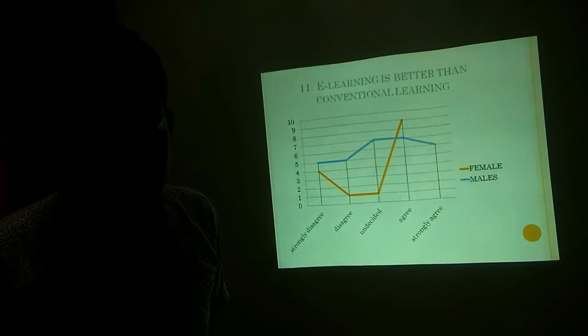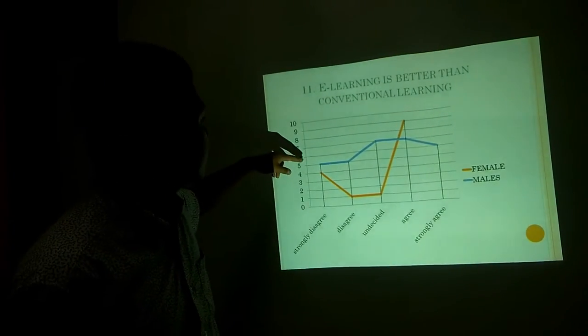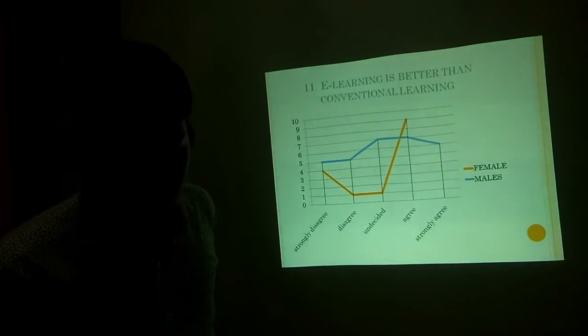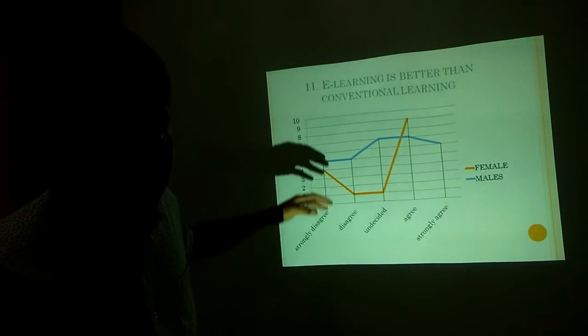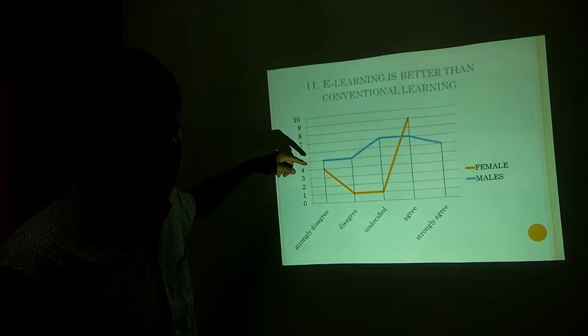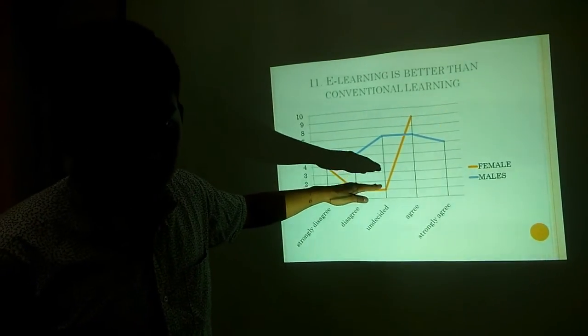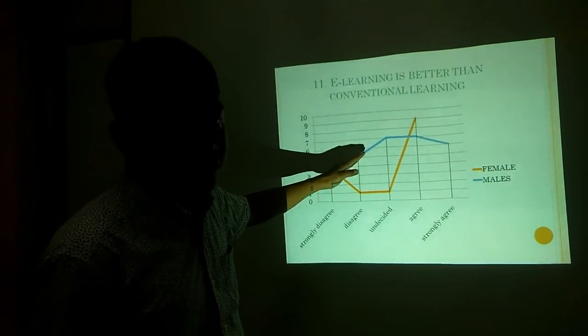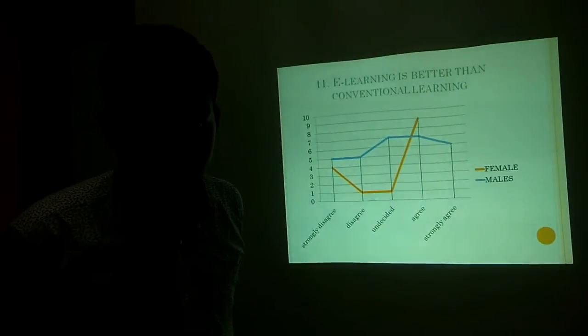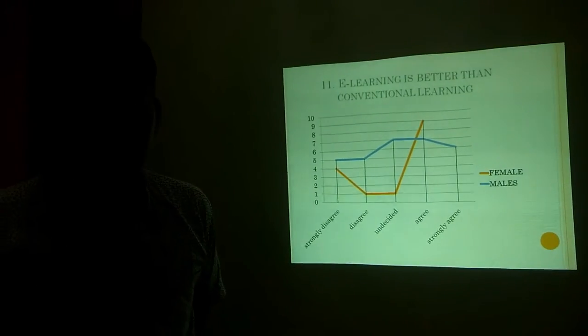The female category starts at 4 and drastically drops to 1 and then remains constant. It went up gradually to 9, then to 15.